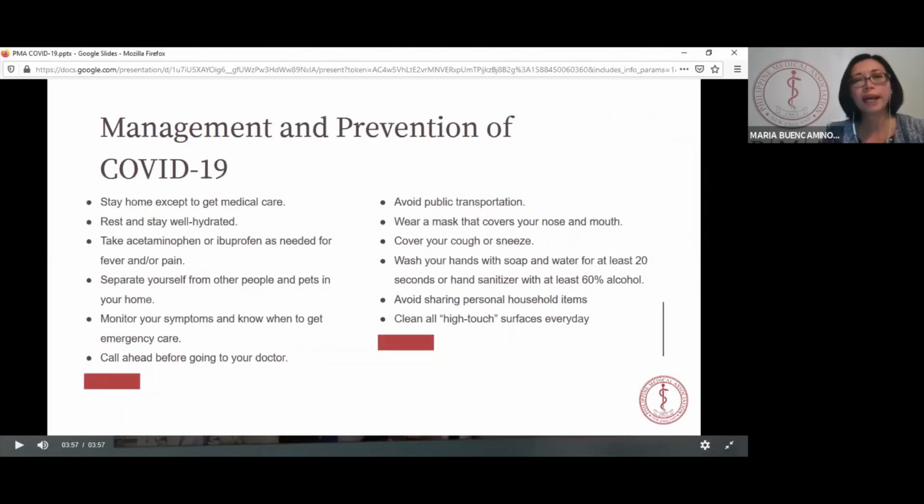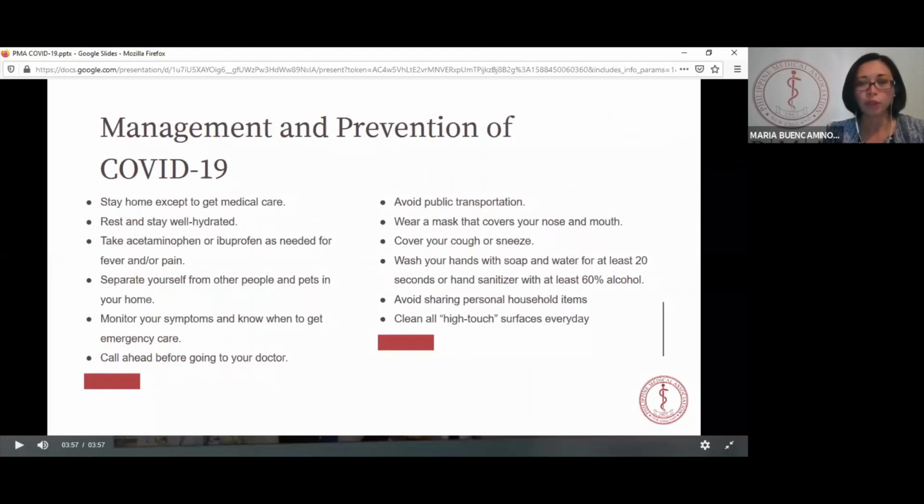So if you've been diagnosed with COVID-19 or think you may have COVID-19, these are some of the recommendations on how to protect yourself and protect the people at your home and in your community. Since we don't have FDA-approved treatment options for COVID-19, the management relies on supportive treatment.